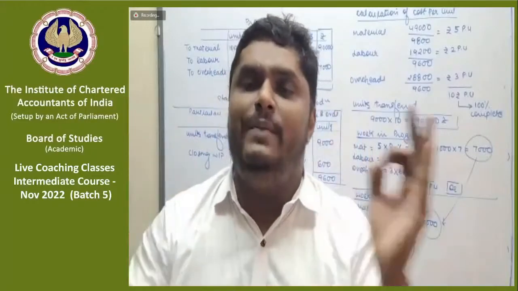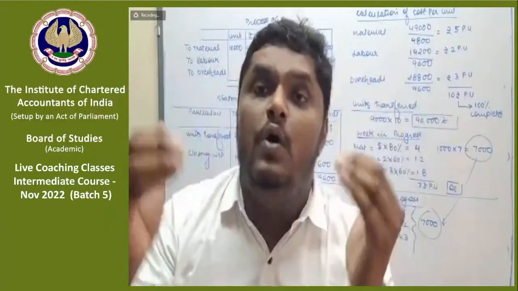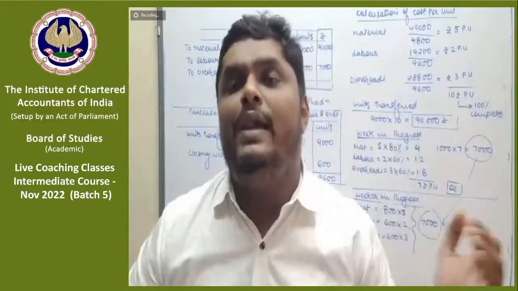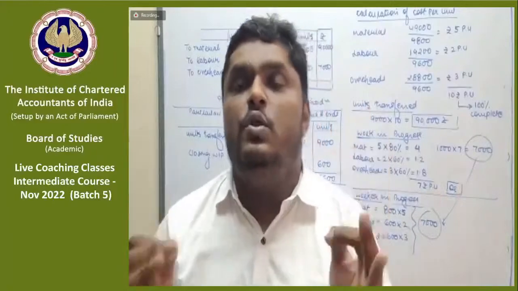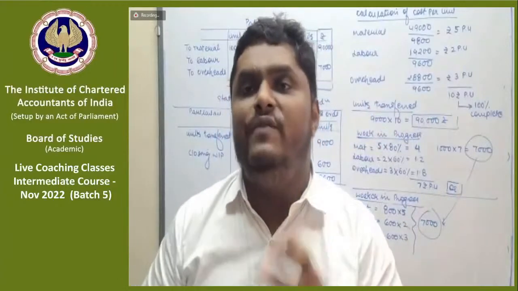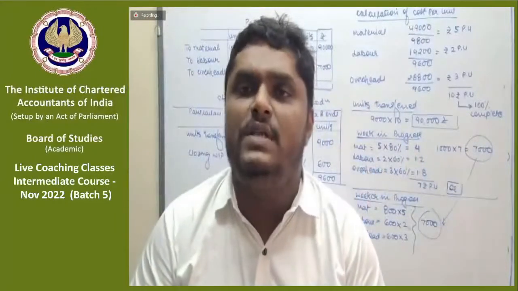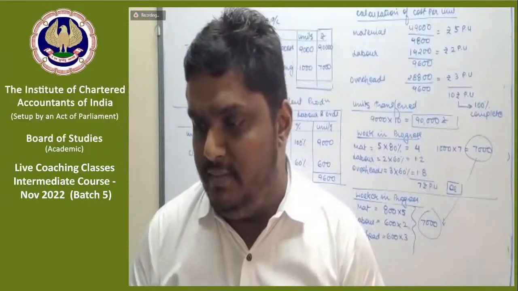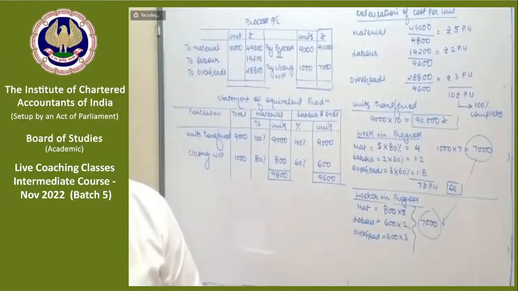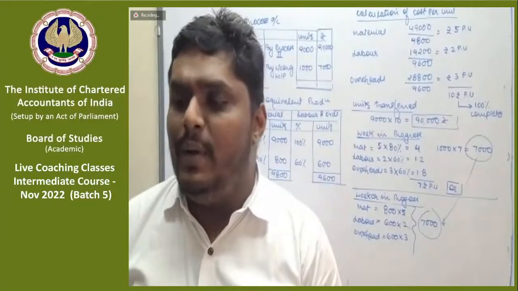I just want that by the end of this session, you guys should be thorough with how to present and how to calculate the value of work in progress. So you guys should be conceptually clear for the same. So whatever the queries you have, you guys can please post. And apart from this, those who want to copy the solution can please copy this part. Waiting for your queries. I'll be addressing all your queries one by one.